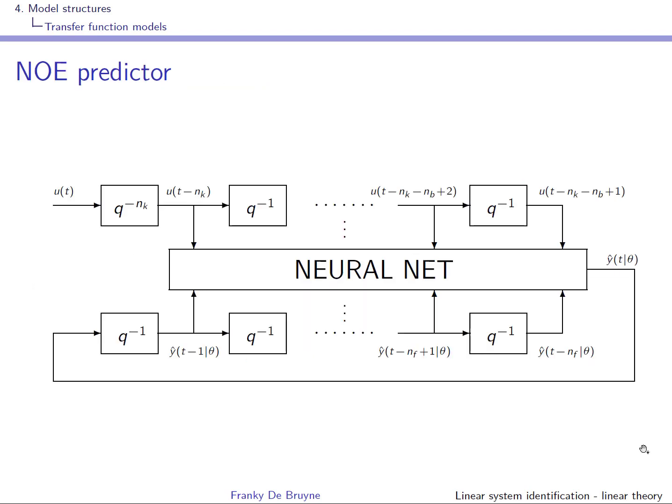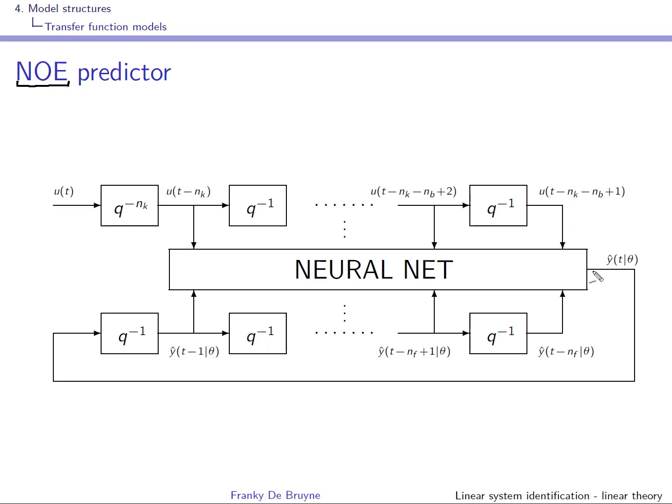So what we can do is replace this linear combination of previous inputs and previous predicted values by a non-linear function. So for instance, a neural net that will act on previous inputs and previous predicted outputs. The remarks that we made about having the non-linearity only at the input or only at the output are also valid for this non-linear output predictor.